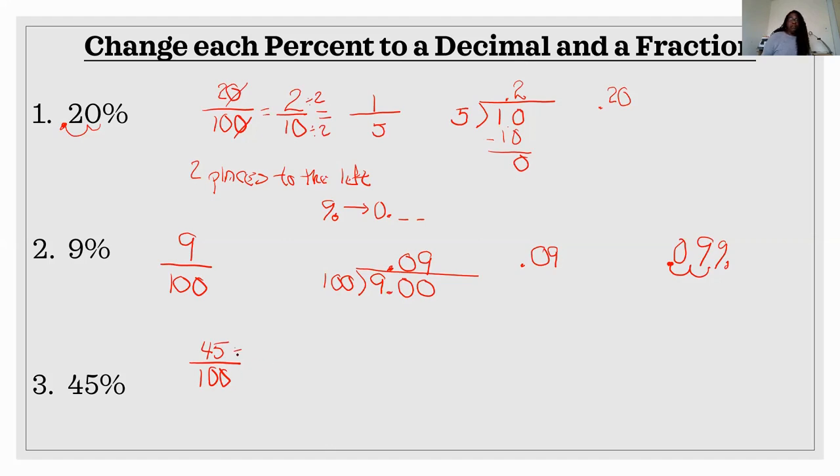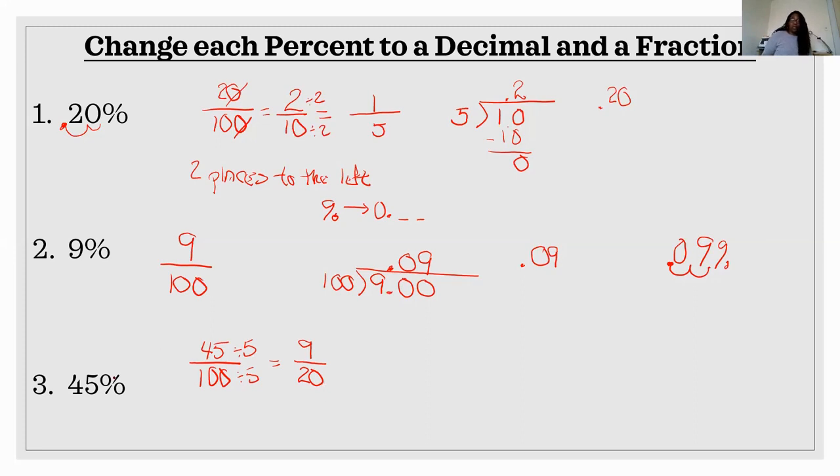So I can divide my numerator by 5 and my denominator by 5. 45 divided by 5 gives me 9, and 100 divided by 5 gives me 20. Do 9 and 20 have anything in common other than 1? No. So that is your simplified fraction.